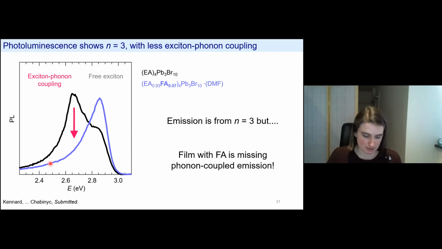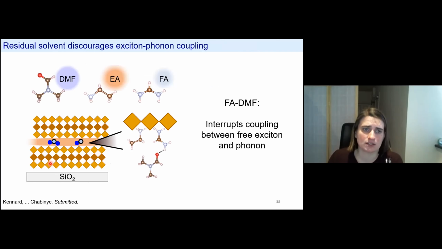So why is this? There is literature and studies showing that the phonon-coupled features can be very sensitive to how these cations pack in between the 2D sheets. And if we're starting to stuff solvent in the interlayer, this is not a very big interlayer, and then we're also hydrogen bonding.